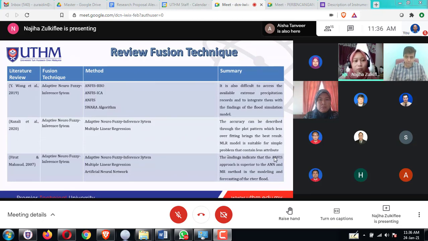It is difficult to assess the available extreme precipitation record and to integrate them with the finding of the flood simulation model. Based on Razali, the accuracy can be described through the plot pattern, where less overfitting brings the best result.